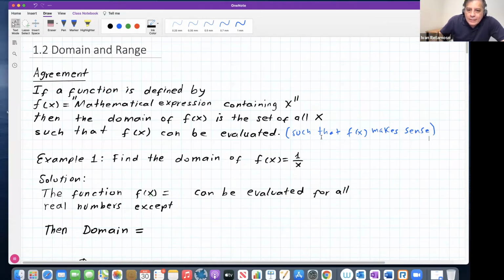1 over x. This function is the reciprocal function, right? It's called the reciprocal function because it pairs up an input value with its reciprocal, right? And it's a well-known function. Now, let me ask you this, guys.